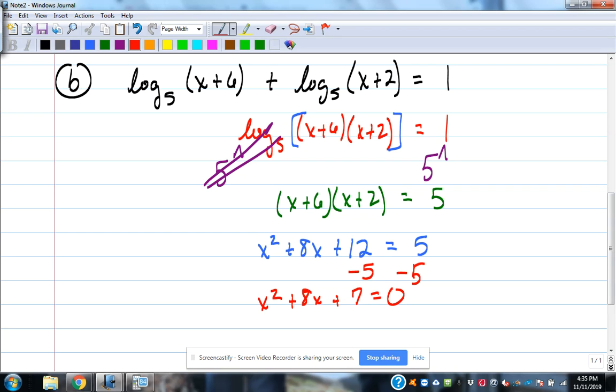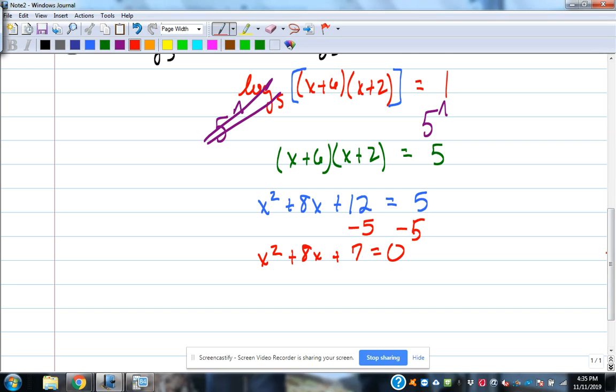And then what are my options for solving that quadratic equation? Factoring would be an option. It does work on this one. What's another option that always works? Yeah, the quadratic formula is also an option. Either of those ways, it doesn't matter. I don't care which way you solve it.